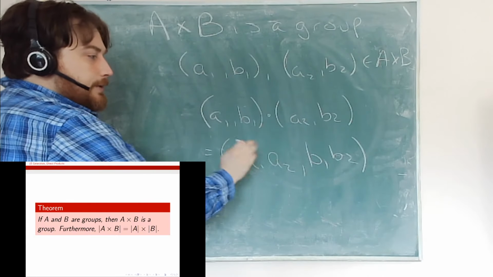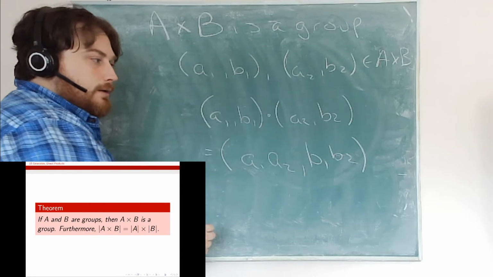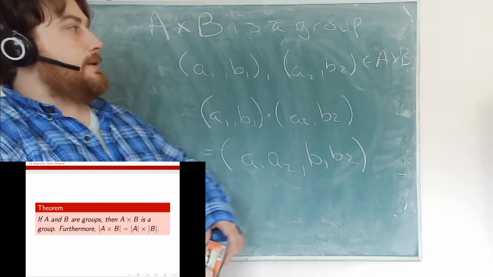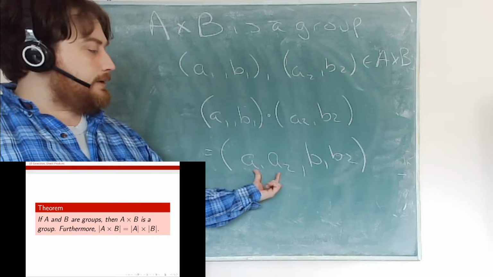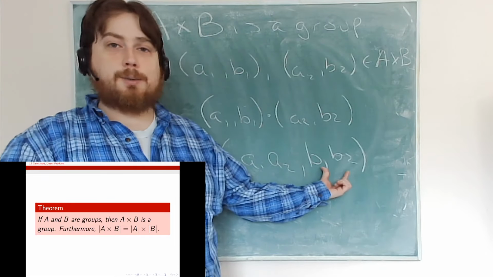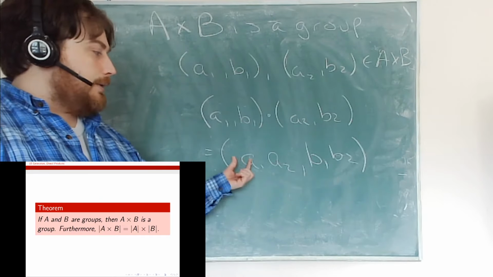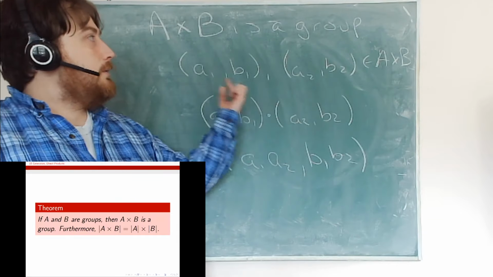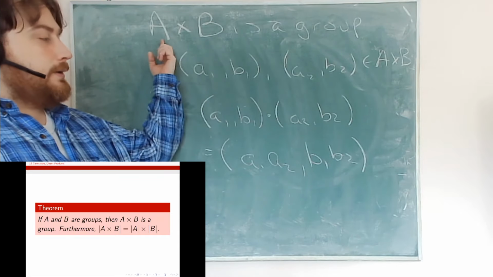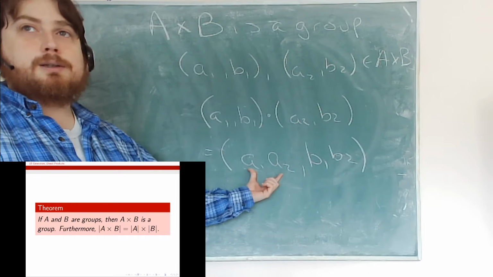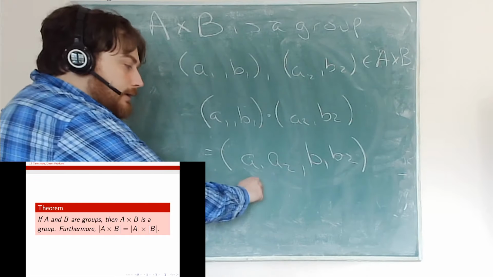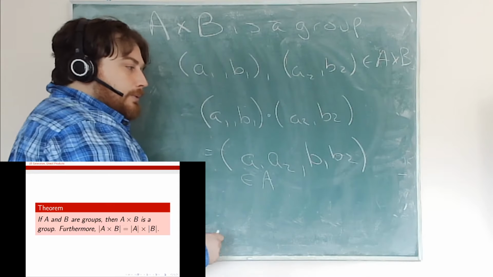So if I take these and multiply them, I get this. Now I want to show that this is in A cross B, which means I have to show this element is in A and this element is in B. But A1 and A2 are both elements of A by definition. If I multiply elements of A, I get another element of A because A is a group.